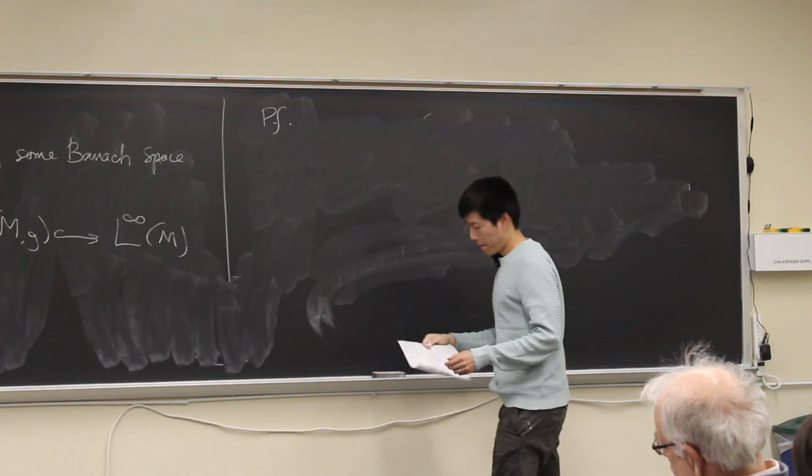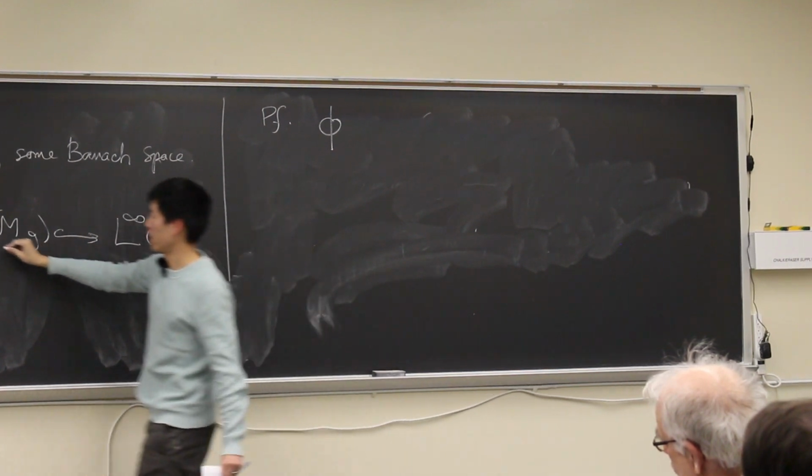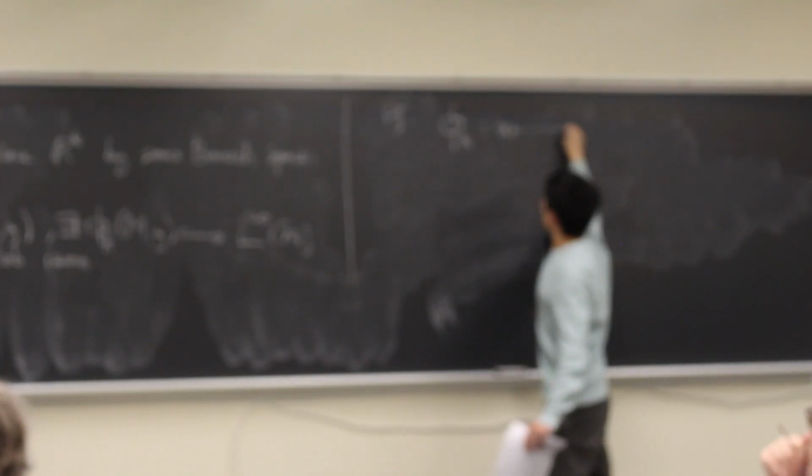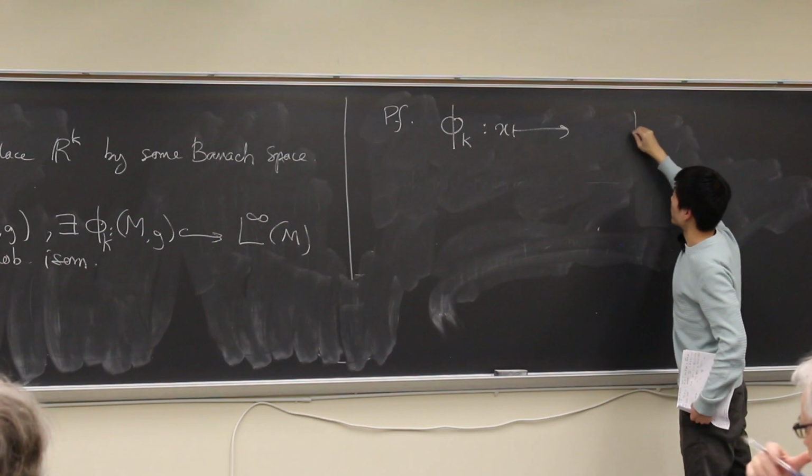The proof is the following. So I'm going to call this phi k. And it maps any point x in M to basically the distance to x.